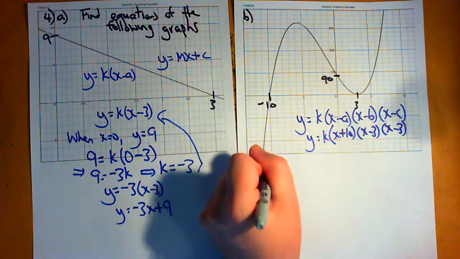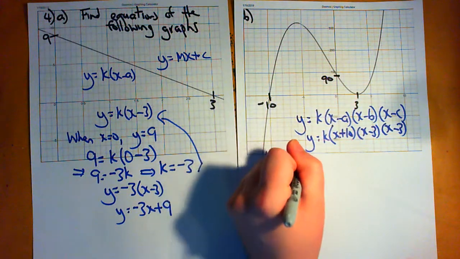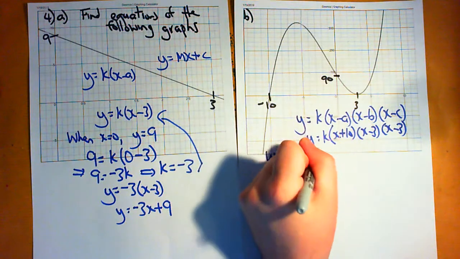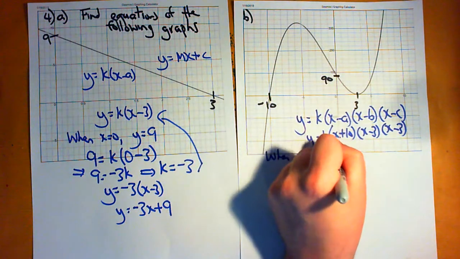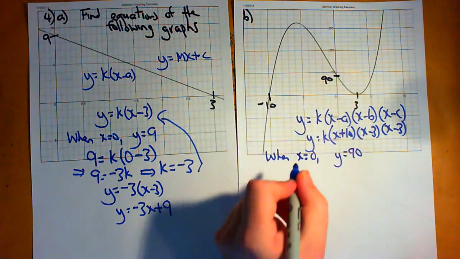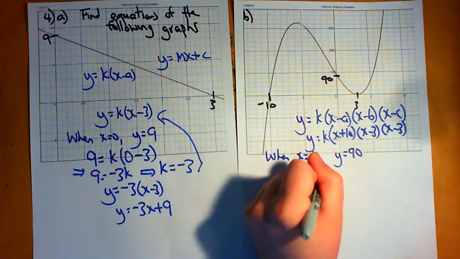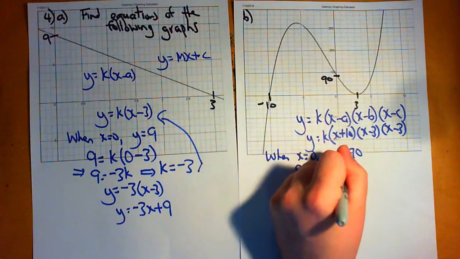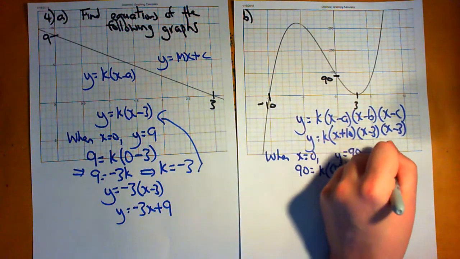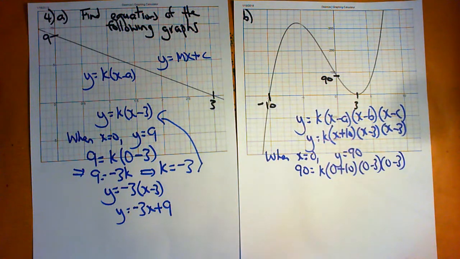Okay, so now we need to find a point that it goes through, which we can again use the y-intercept. So when x is 0, y equals 90. Let's substitute that into what we have. 90 equals k times (0 plus 10)(0 minus 3)(0 minus 3).